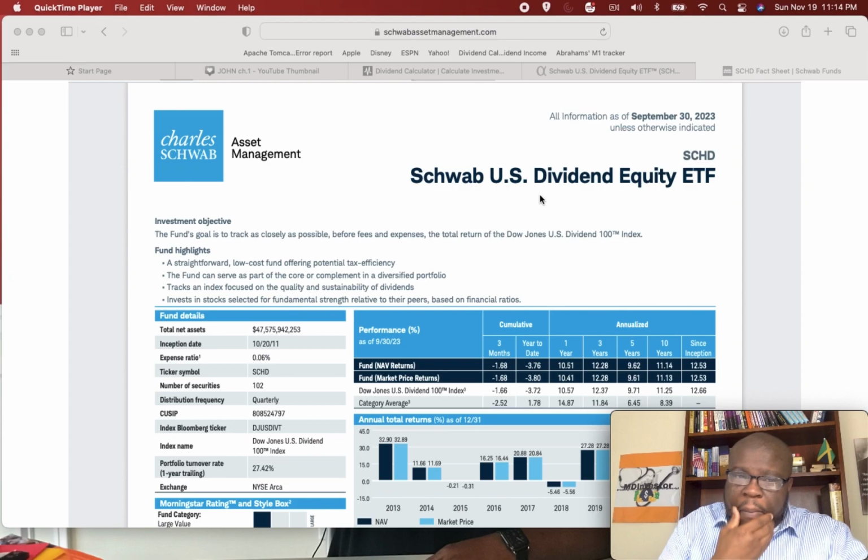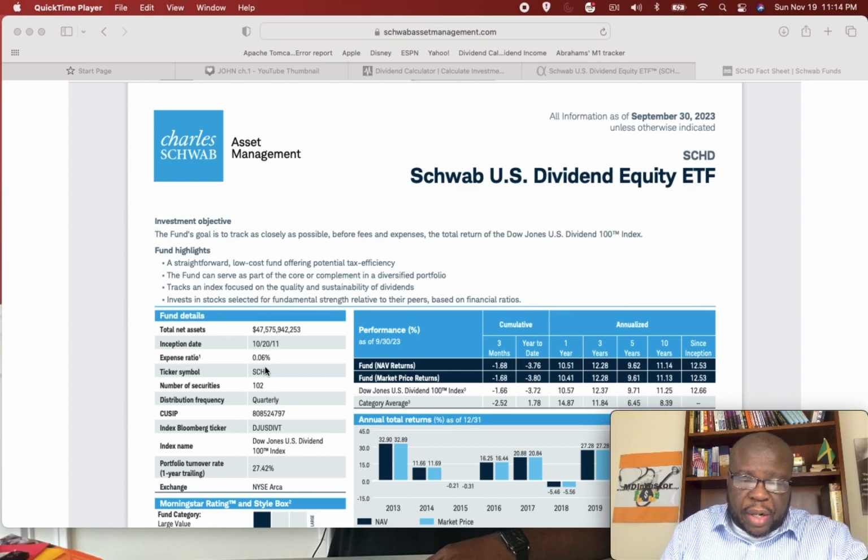So this is one of the most popular ETFs out there. It has about $47 billion in assets under management. Inception date October of 2011, so about 12, 13 years now. The expense ratio is very low, 0.06.